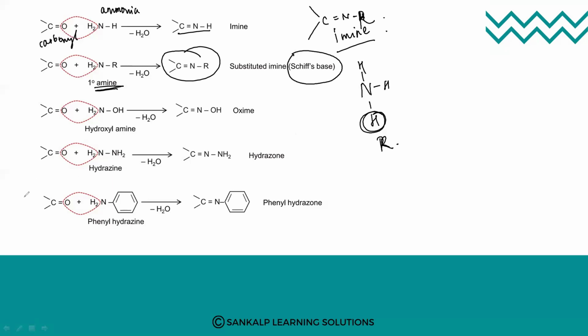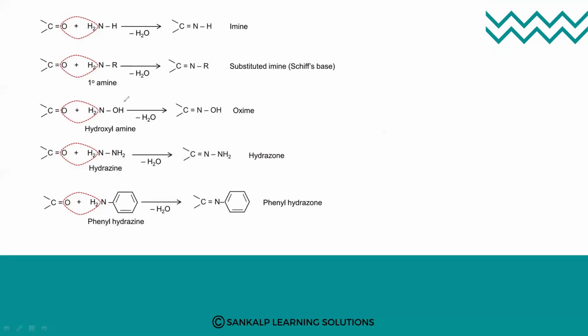Then the second one, when the carbonyl group reacts with hydroxylamine. Hydroxylamine means again what? Your NH3 is there, so one of the hydrogens is replaced by an OH group. So it results in hydroxylamine.